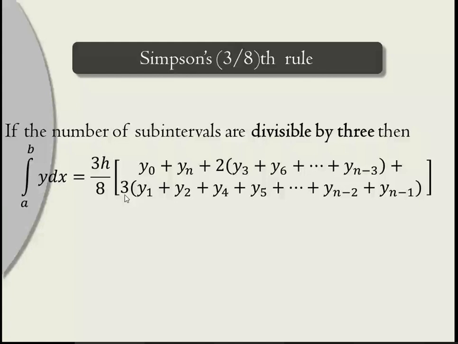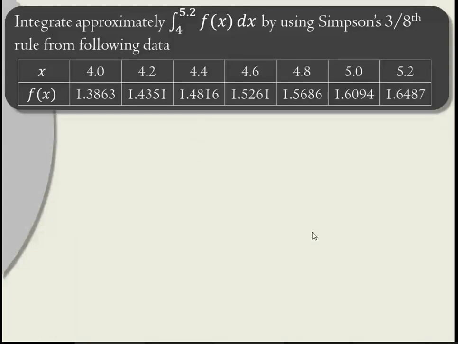Okay, so we'll take a problem based on it. Integrate approximately the integral from 4 to 5.2 of f of x dx using Simpson's 3/8 rule for the following data.